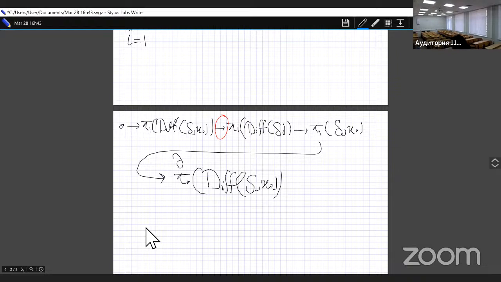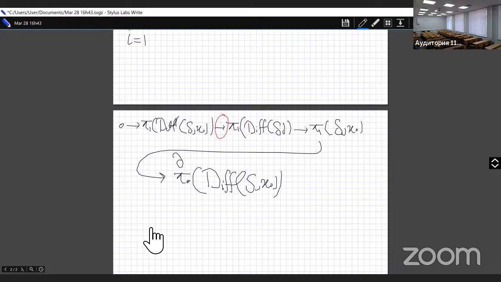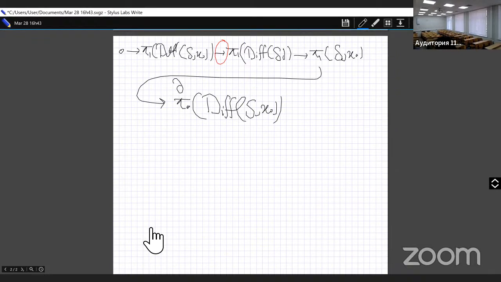Again, this is easy, because if we look at the construction of the boundary map. Let me first write it, and if you want, I can explain why. It goes back to the construction of the boundary map of the exact sequence. Let me write the continuation of this.